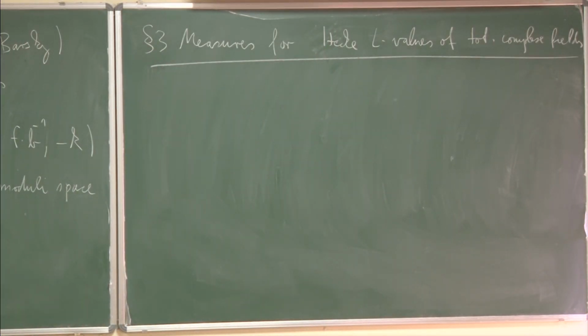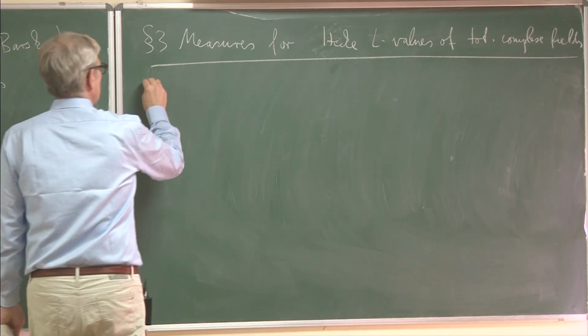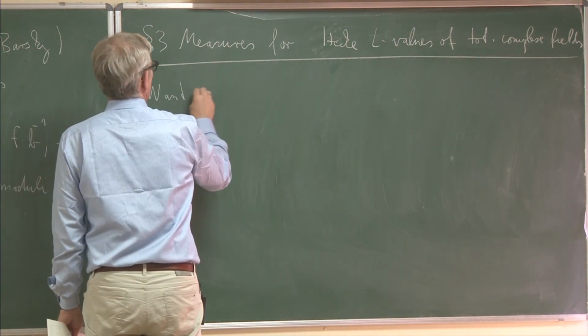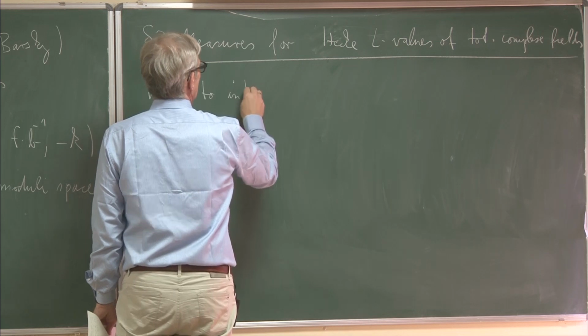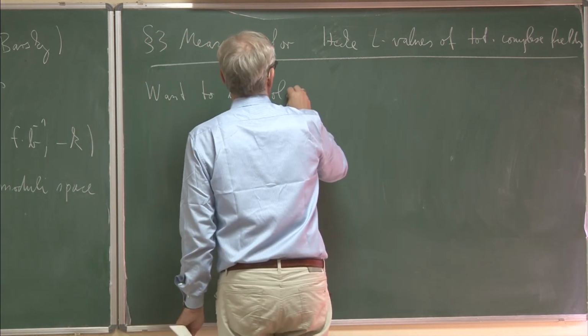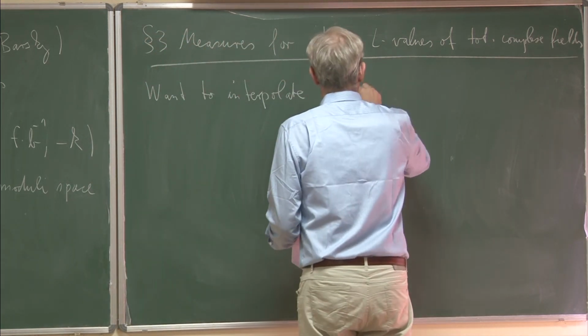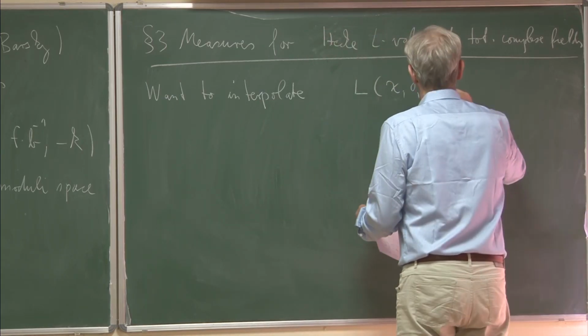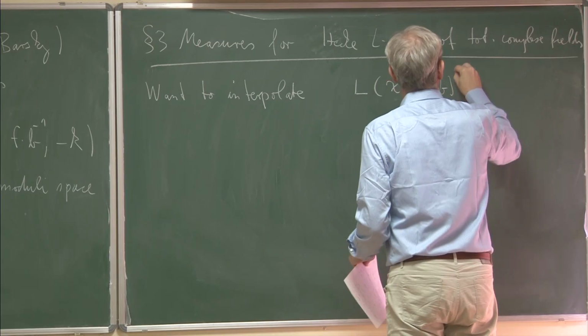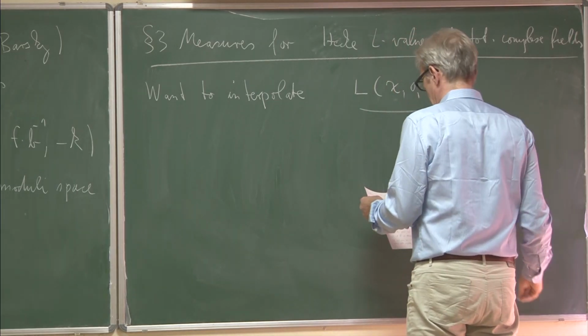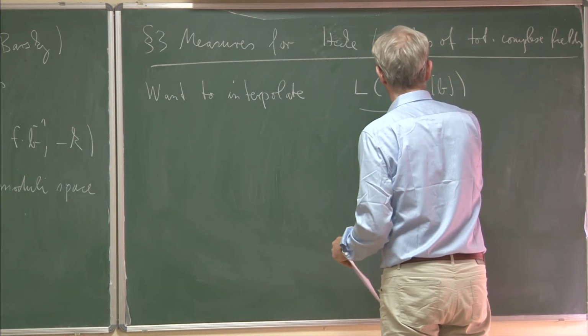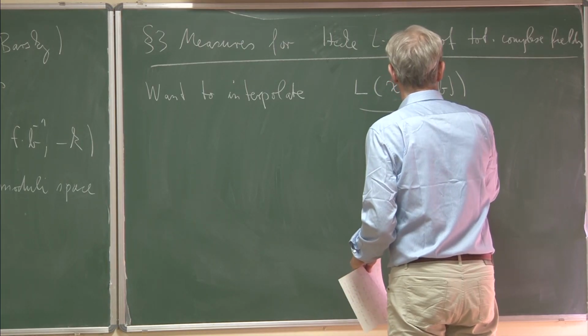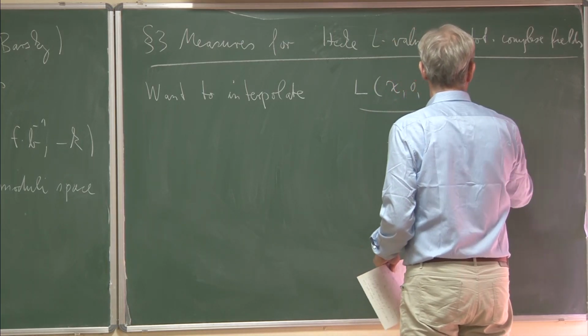Yeah, so we want to interpolate now these partial L values, L chi 0, with this ray class, divided by some periods, omega alpha times omega dual beta.